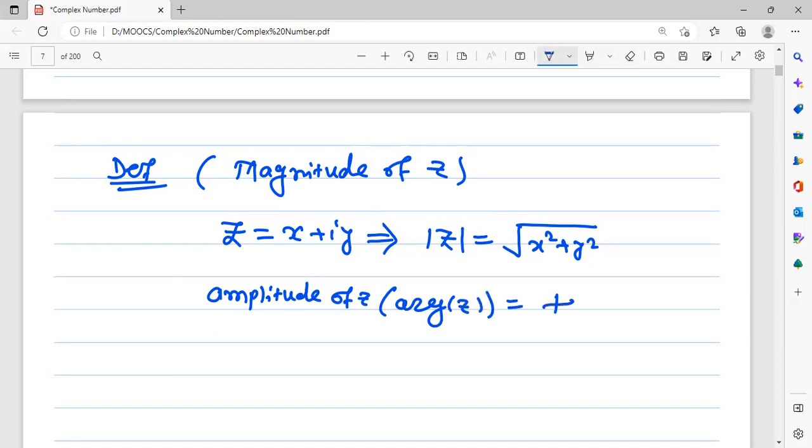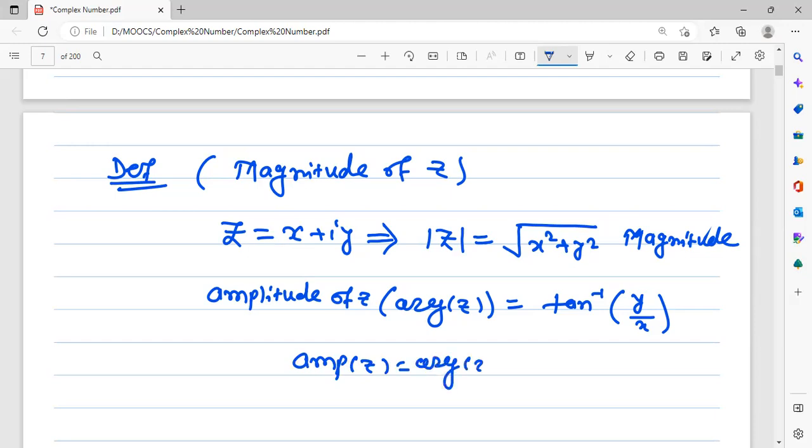It is nothing but tan inverse of y divided by x. I will denote it this way: the amplitude of z or argument of z is always equal to tan inverse of y by x.